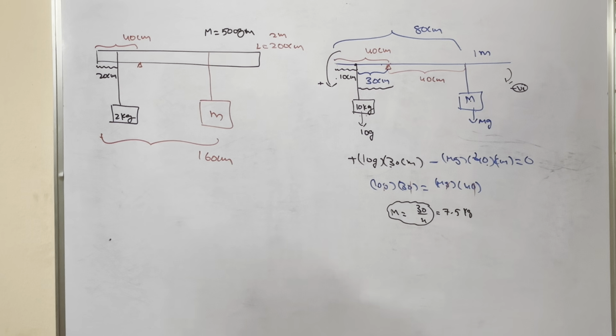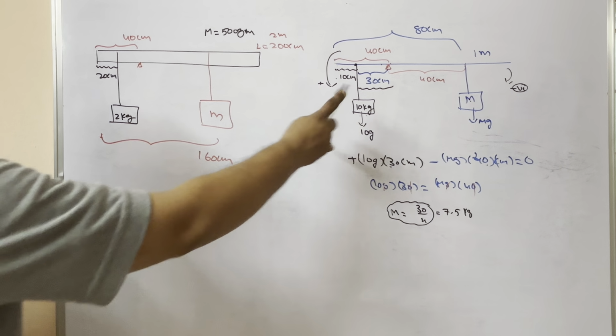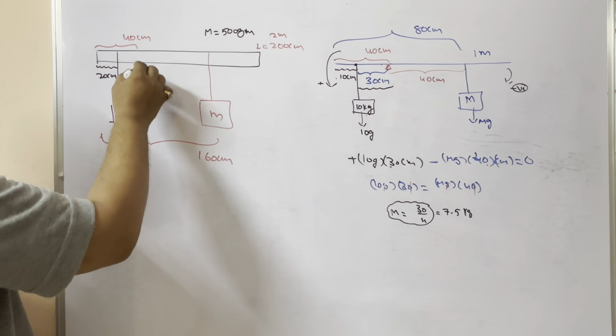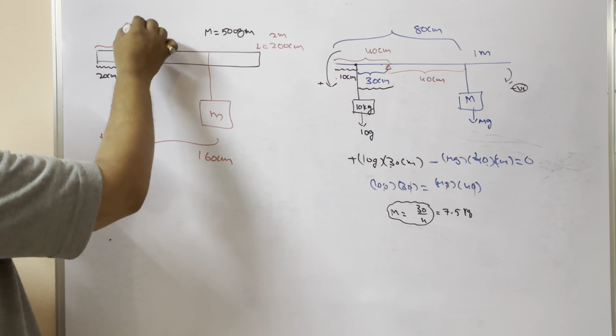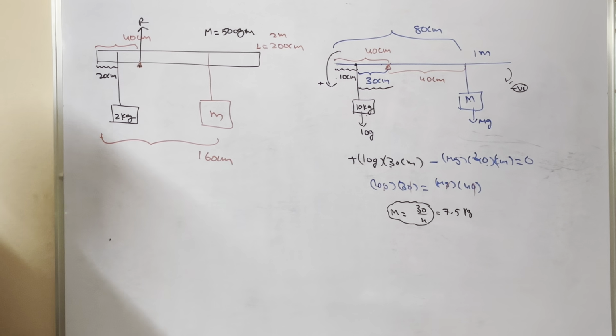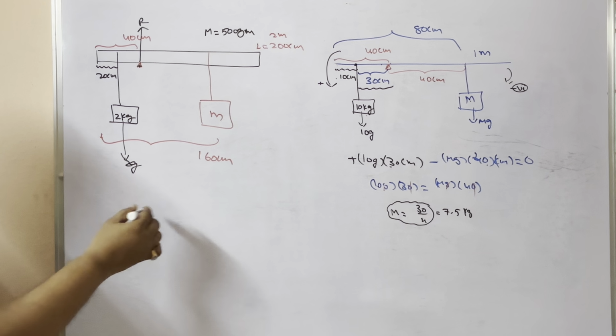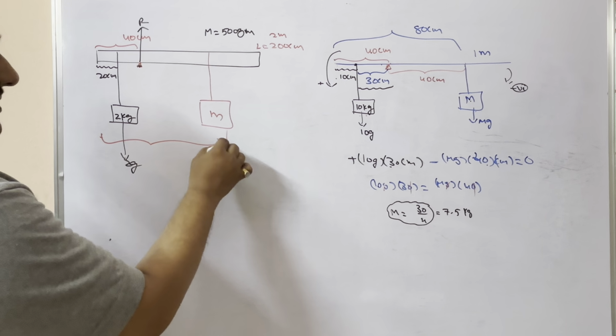So it should be done the same way. Now, upward forces, that means the reaction force, will be acting upwards. Downward forces: one is 2g, another one is mg.